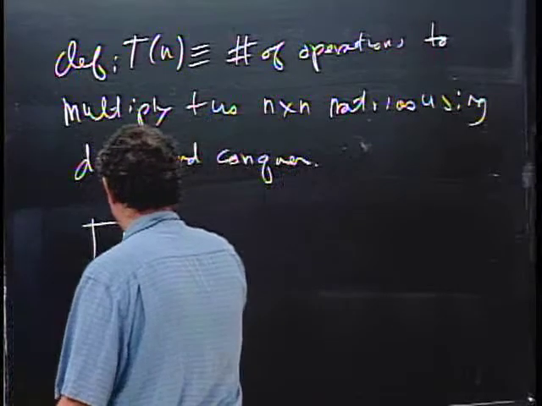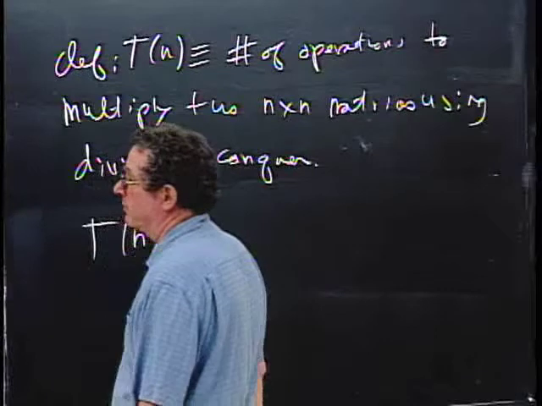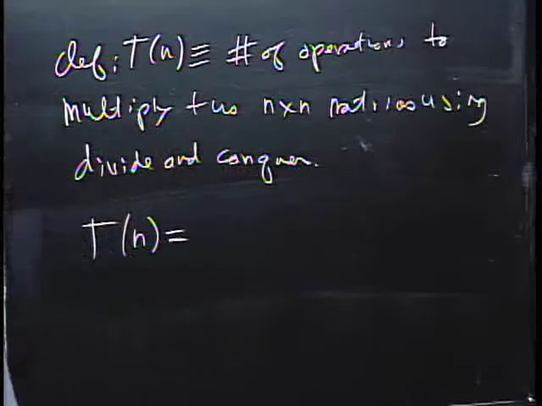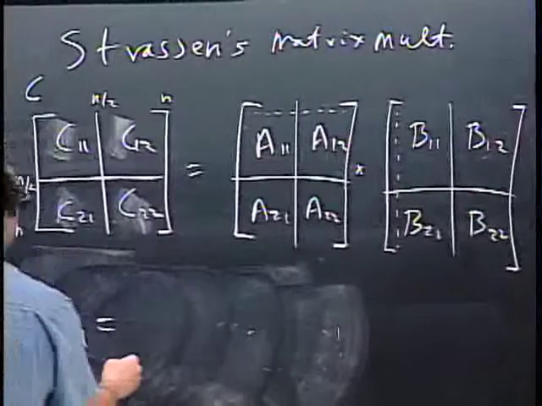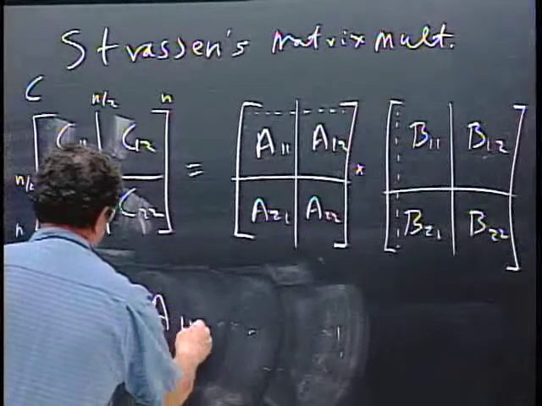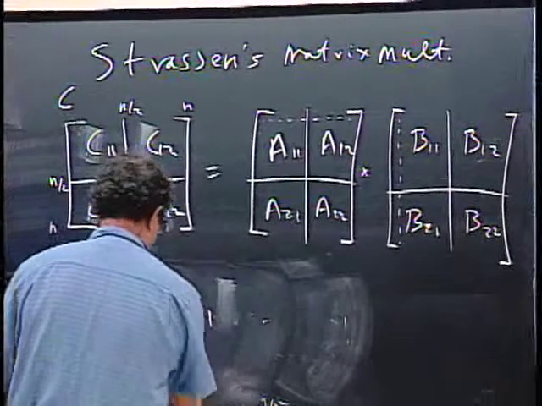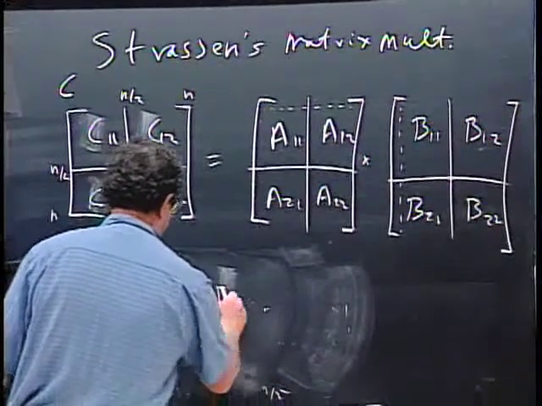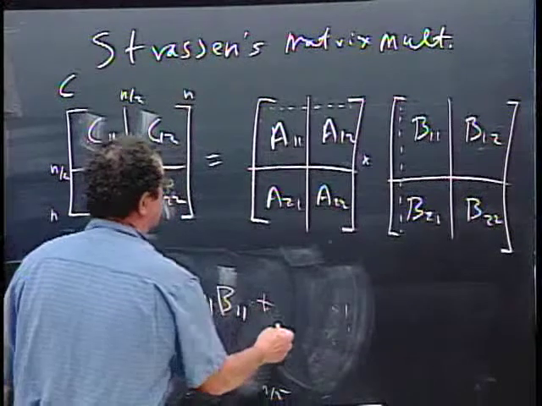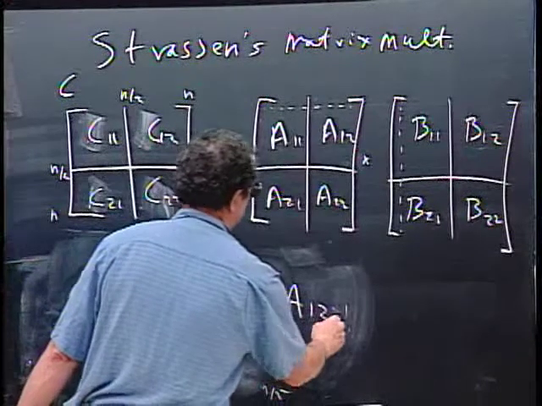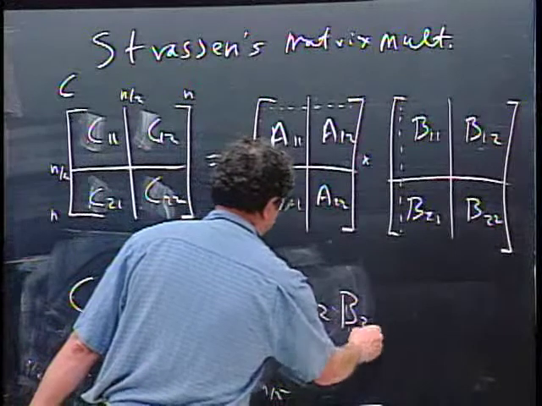Well, T of n, what do we have? Oh, I erased it. That's unfortunate. Let me put this back. C11 is equal to A11 B11 plus A12 B21.